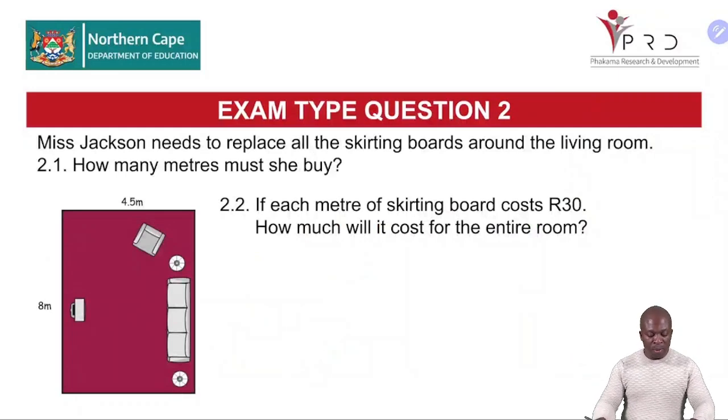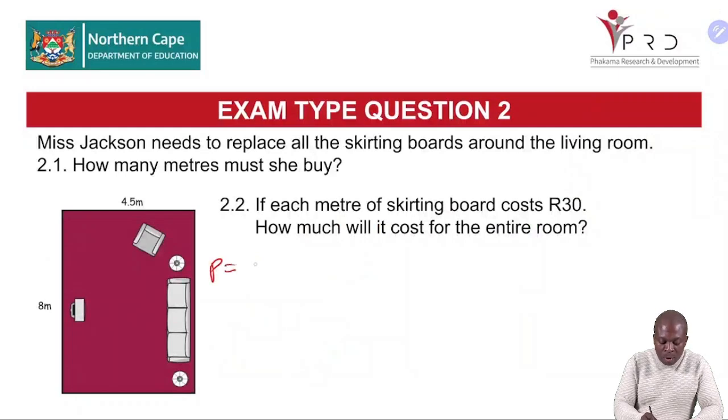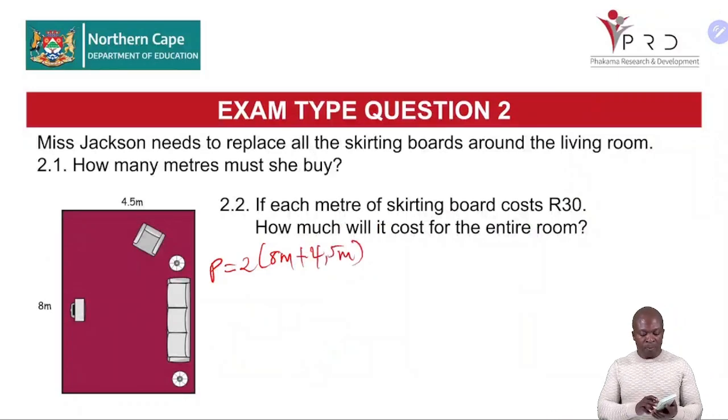So let's find the perimeter. 2.1 is going to be P equals 2 into bracket 8 meters plus 4.5 meters. So let's take your calculator and say 2 open bracket 8 plus 4.5. Do you see when I'm pressing, I'm not pressing things like meters. I only press numbers. The units, you write after you get the answer.